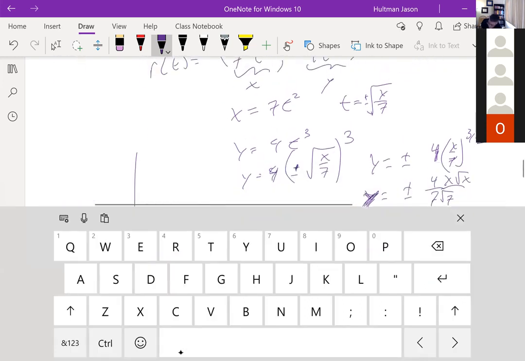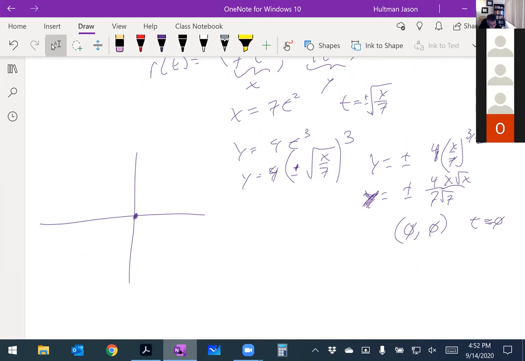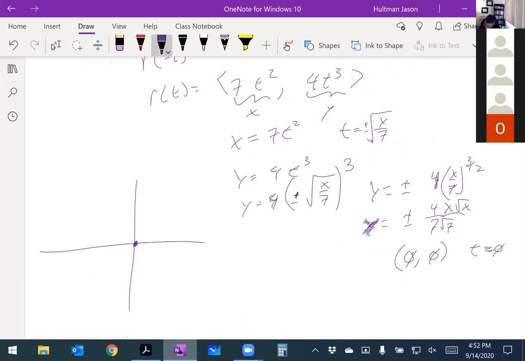So what about when t is 1? Where are we at when t is 1? We're at 7, 4, right? But where are we at on our X and Y's? I don't know.